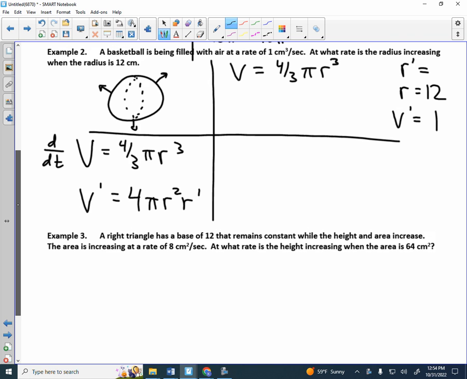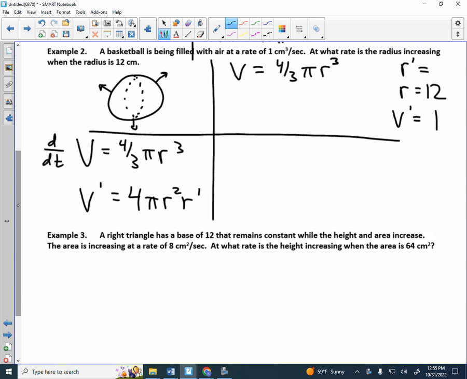And so V prime in this situation is 1. So 1 is equal to 4 pi times the radius squared. What is the radius? 12. So 144 then times r prime. Yeah, what is 4 times 144?